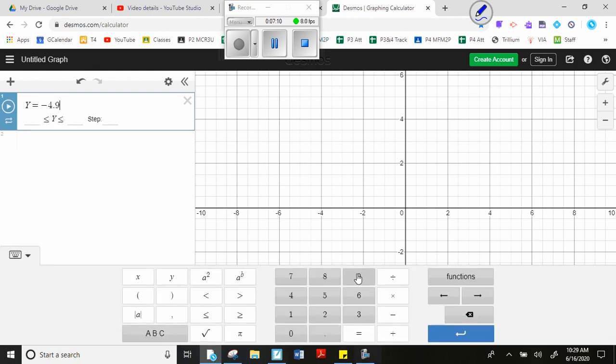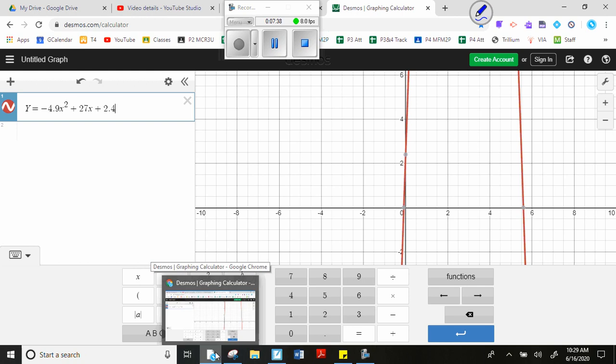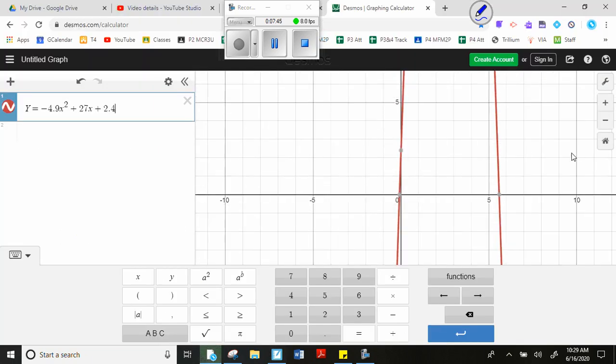This is the only time you're allowed to use the negative because Desmos doesn't have it otherwise. Something went wrong with my math then.